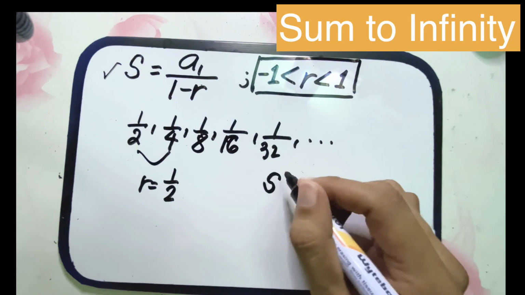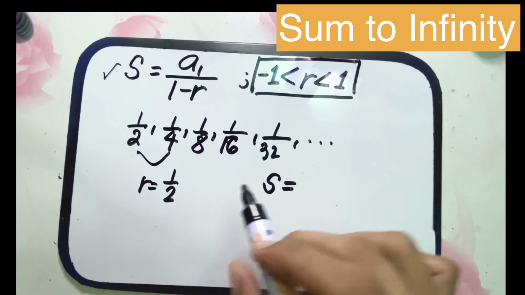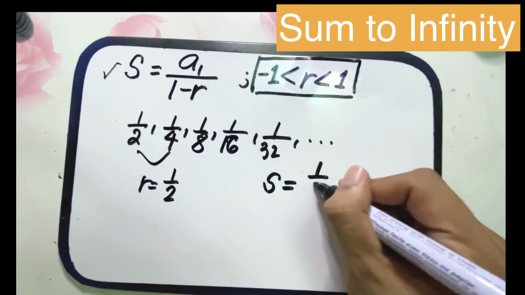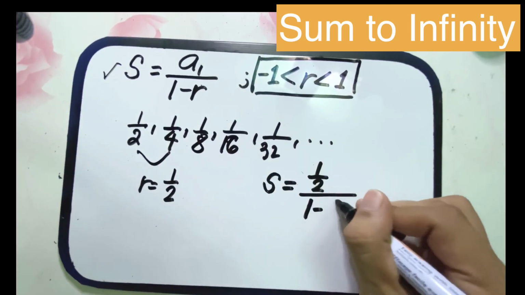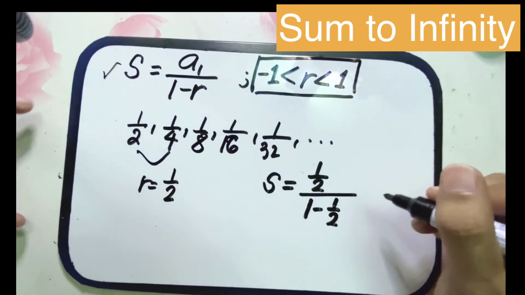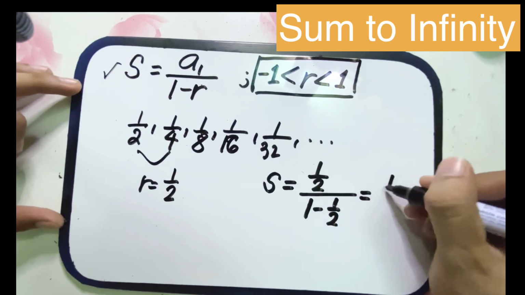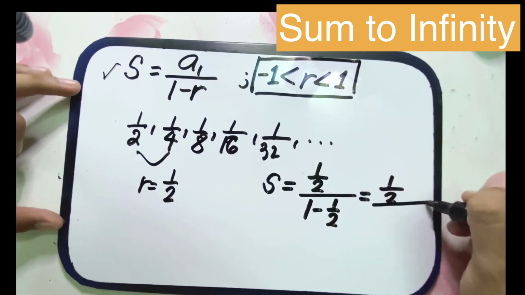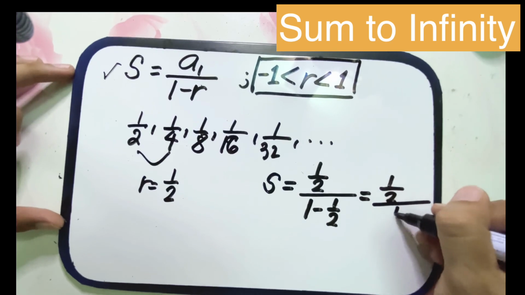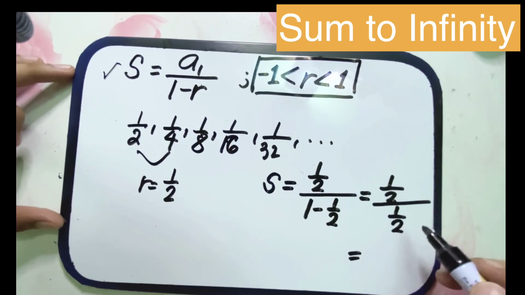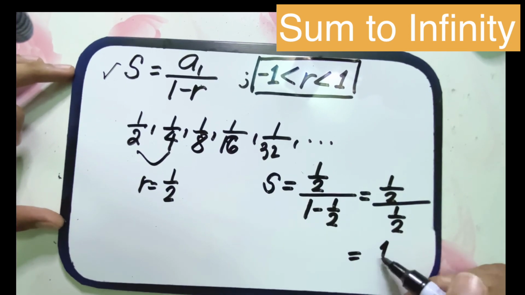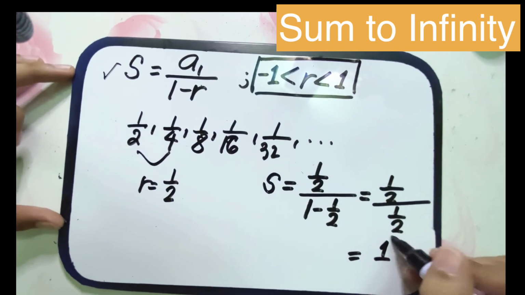So S is equal to a sub 1, which is 1/2, all over 1 minus the ratio 1/2. So 1/2 over 1 minus 1/2, that is still 1/2. So 1/2 over 1/2 is 1. So our sum is 1.